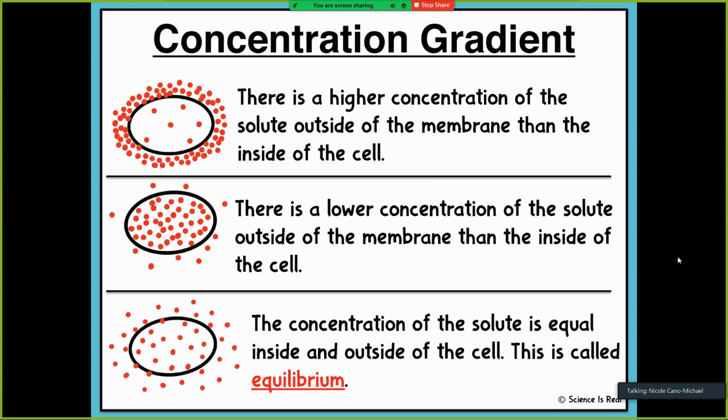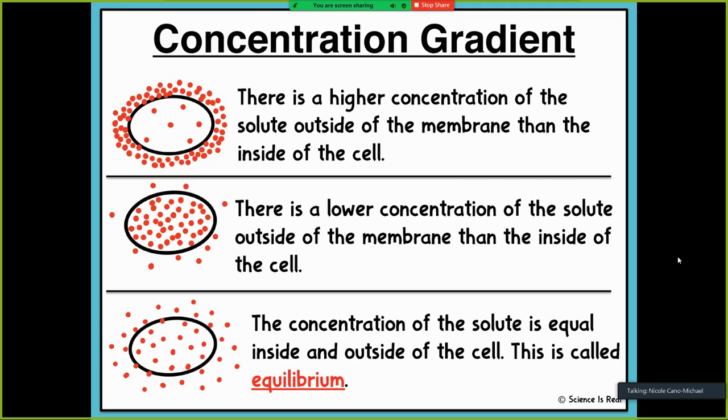And in the third diagram, we see a concentration that is equal on both sides of the cell membrane. When you have a concentration that is equal in the two areas, then we say that that is in equilibrium. So that word equilibrium is what you need to add on that last part of the note catcher there.